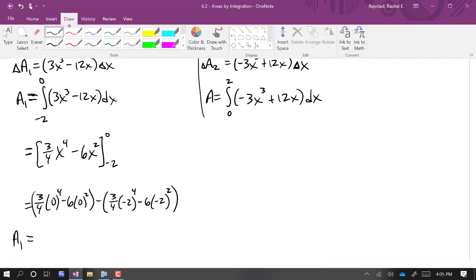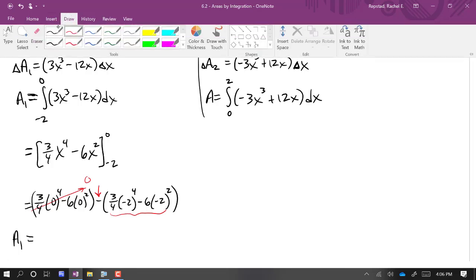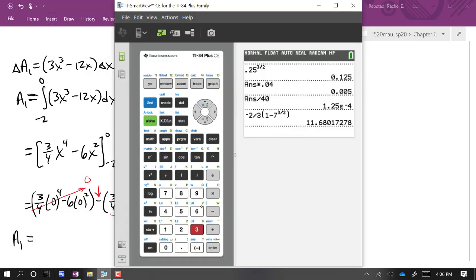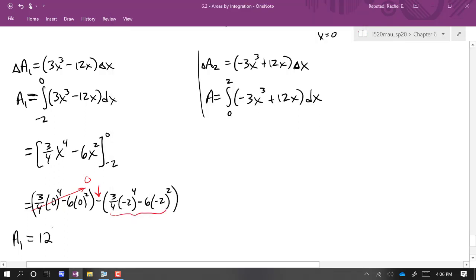So this part zeroes out. I'm going to use the calculator to find that, and then whatever I get, I'm going to change the sign because I know I'm subtracting it from 0. So that's a -12, but I'm subtracting -12, so this is +12.